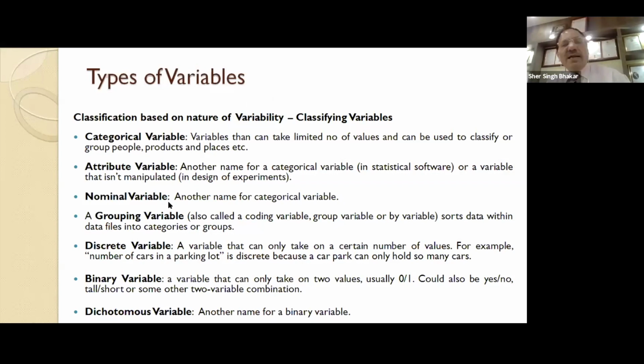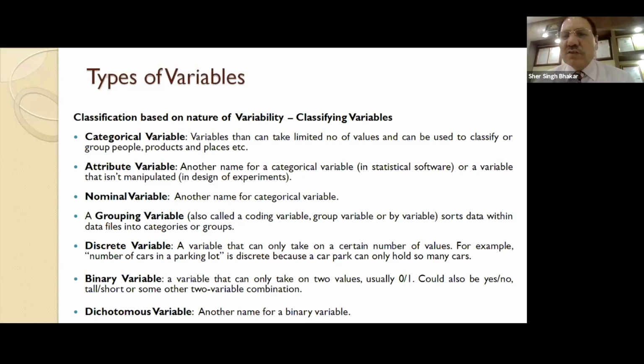Then there is the nominal variable, another name for it. See, nominal is a scale also. And a nominal scale results in a nominal variable. And nominal scale is used for identifying people. And therefore, a nominal variable will again be for identifying people. That means it can be used for classifying people. Again, gender, education qualification.